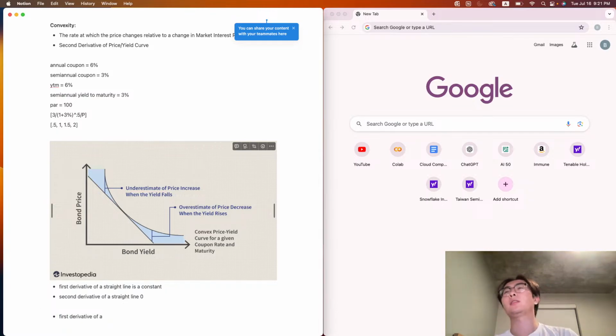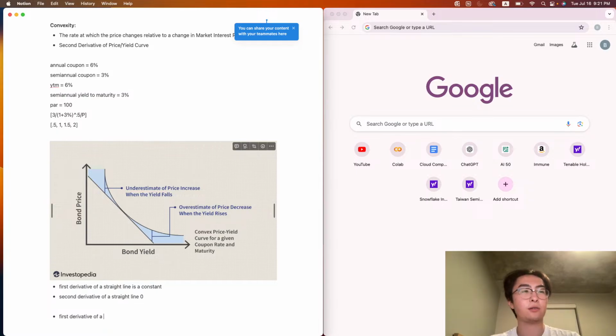So let me think. A convex function doesn't necessarily mean that it's... I think the true mathematical definition is that the second derivative is positive. And I don't know if it's right to say that the first derivative of any convex function is a linear function.